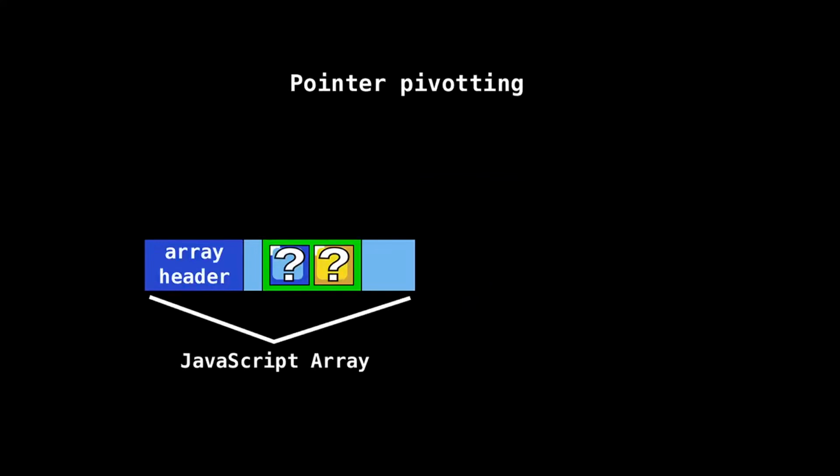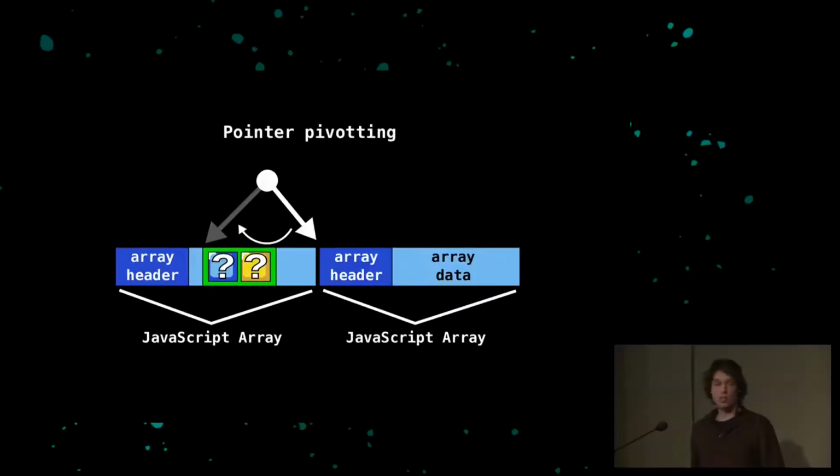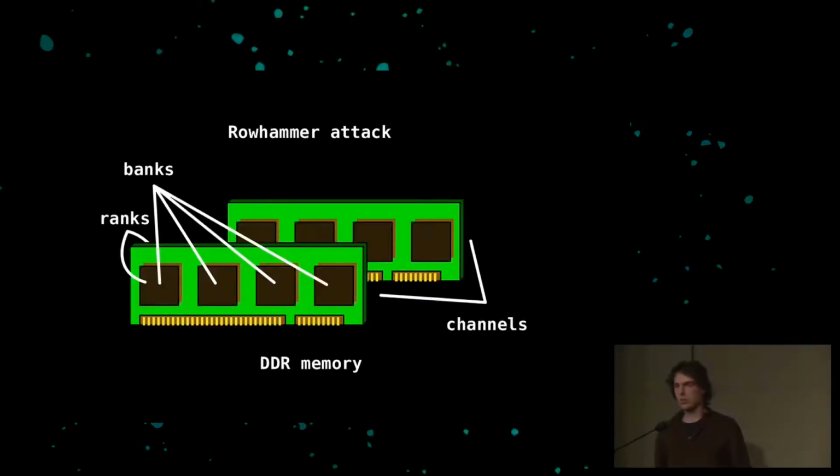We recreate this fake object in a JavaScript array that we know the address of, and the next JavaScript array has a pointer to it. We recreate it in such a way that if we flip a bit, the pointer will point to our object instead of the array. And for this, we're going to use the rowhammer attack.